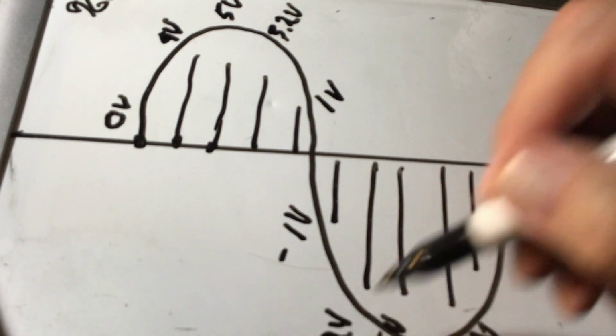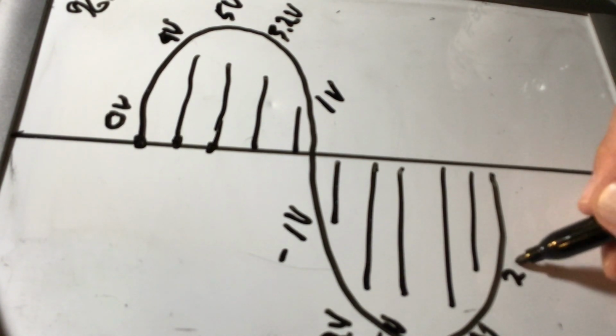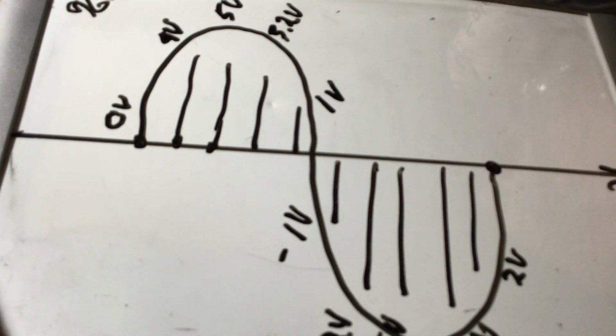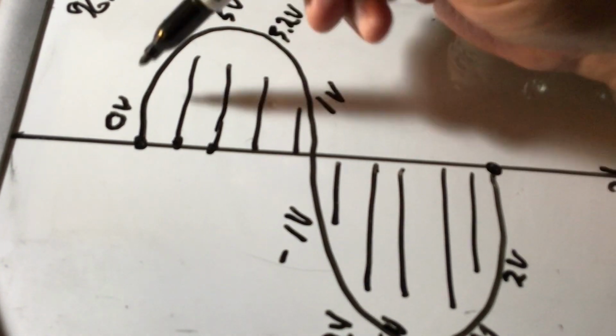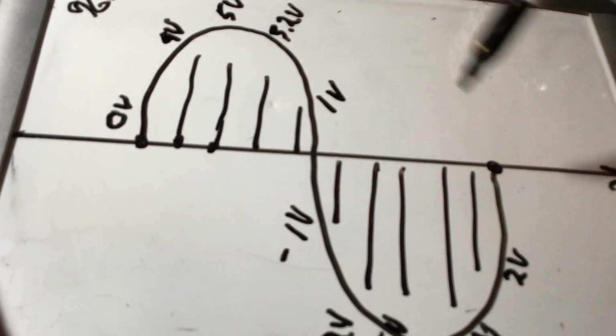That would probably be 3 volts, just for estimation, and 2 volts, and then 0 volts. So you have all these voltages over time that it's sampling at this rate.